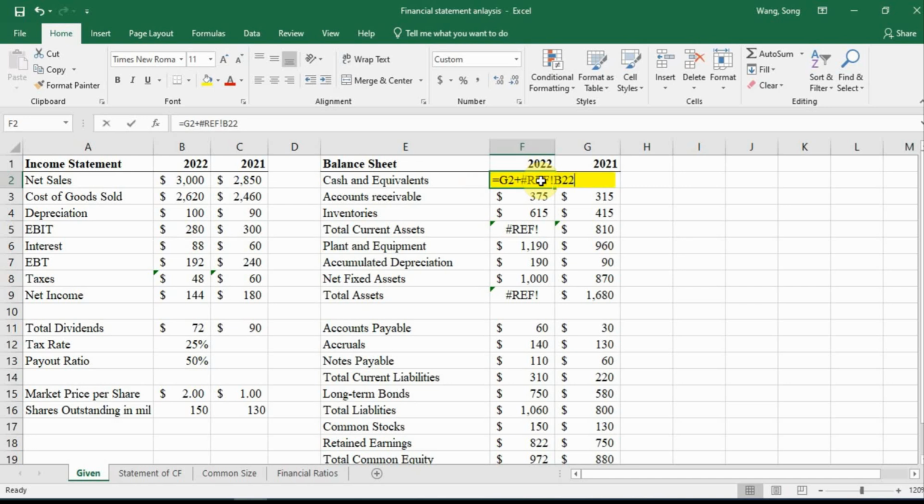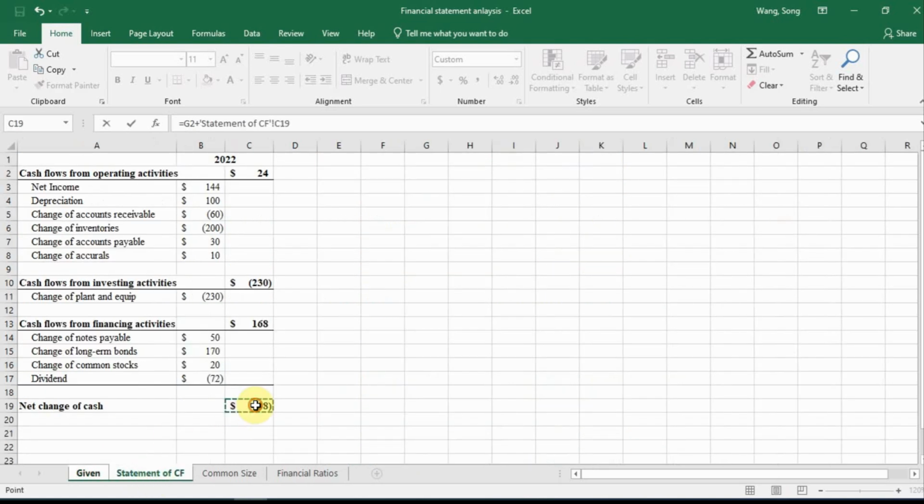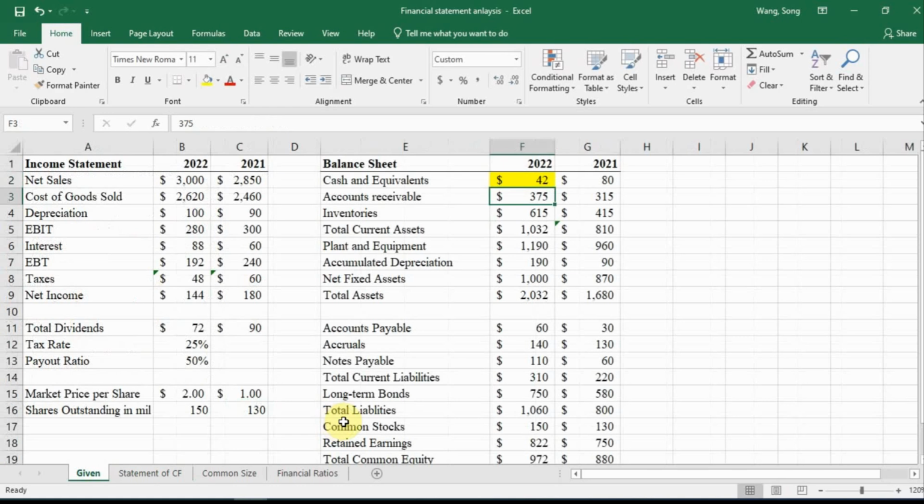So I'm going to use the same number here, which is the cash of last year plus the net change of cash in this year, which is from my newly created statement. Now everything else is back to the same.